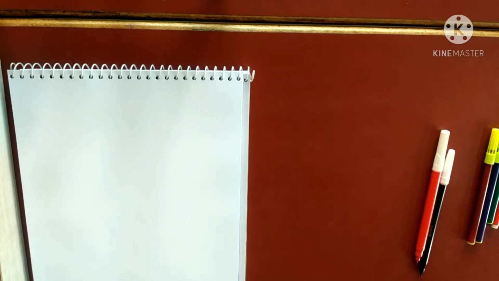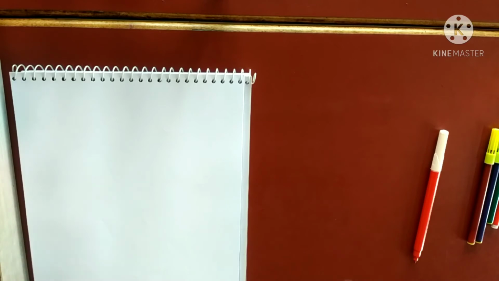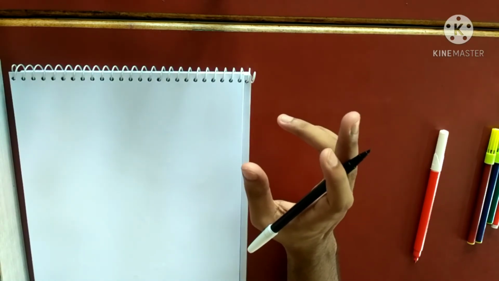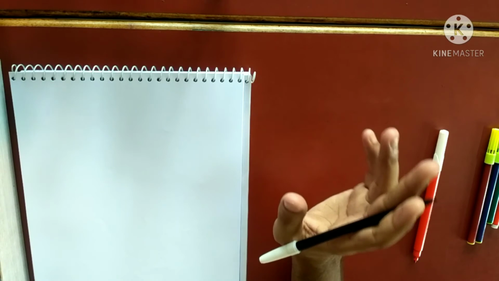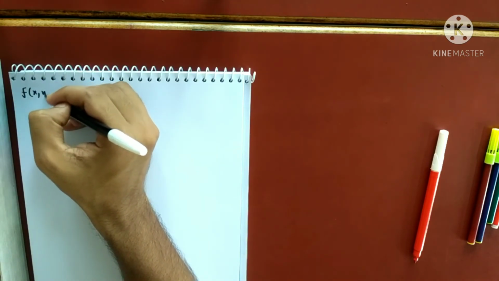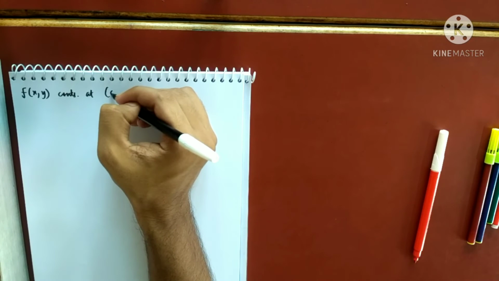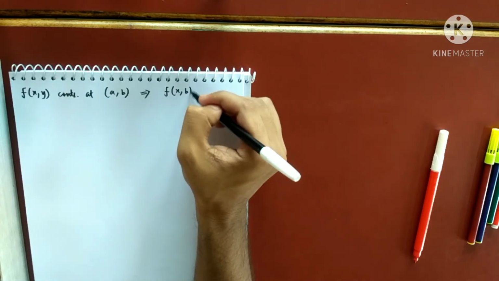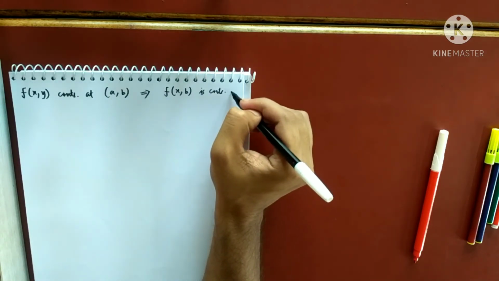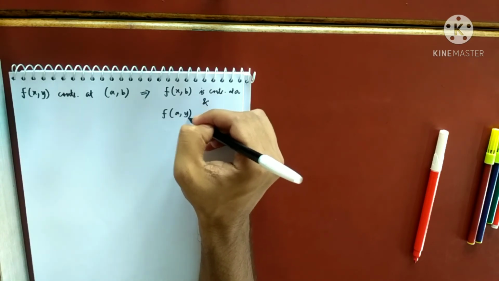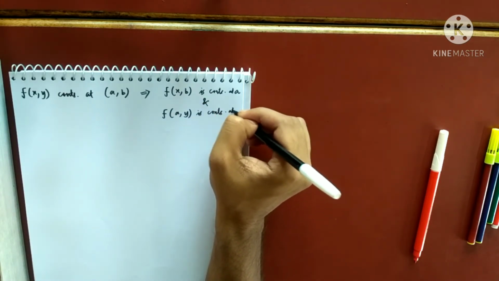So keep in mind what this theorem has told us: if f(x, y) is continuous at (a, b), then f(x, b) is continuous at a, and f(a, y) is continuous at b.